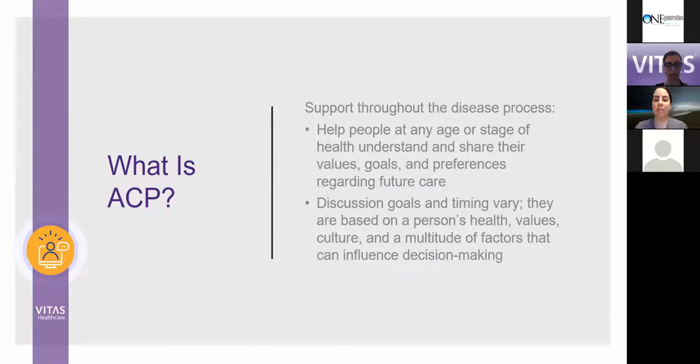And obviously updating it and continuing to have those ongoing discussions as preferences may change. The discussion goals and timing can vary based on a person's health, values, culture, and a lot of different factors. But even before some kind of life-altering disease process starts, it's definitely important to have that conversation started sooner rather than later.